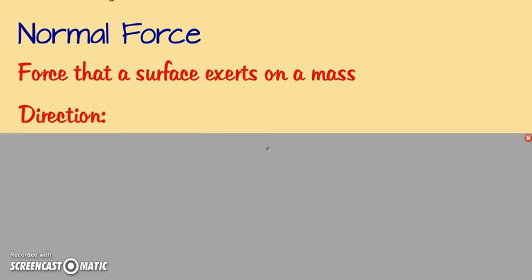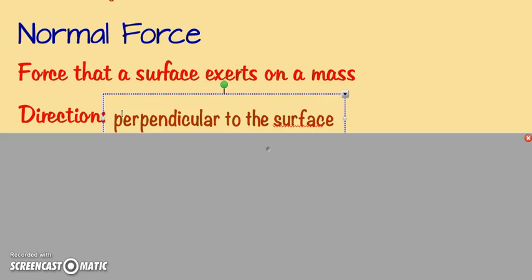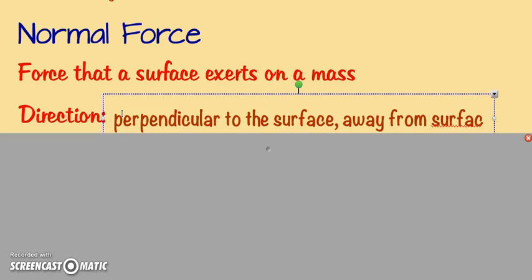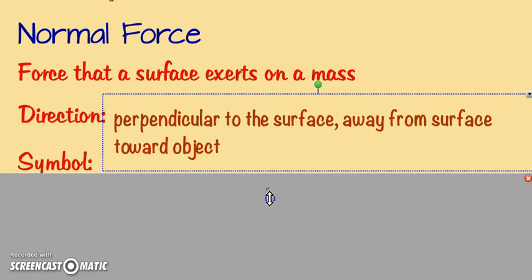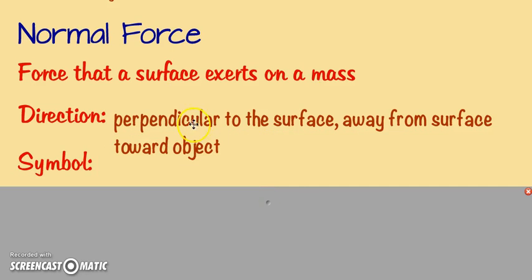I mentioned that normal in math or in physics refers to the term perpendicular. The name of normal force comes from its direction. It is always perpendicular to the surface and pointed away from the surface toward the object. Normal force does have its own special symbol.